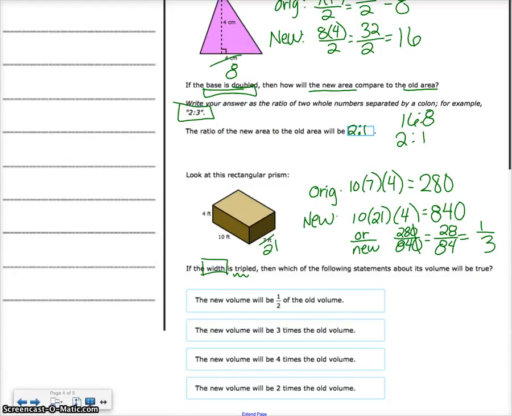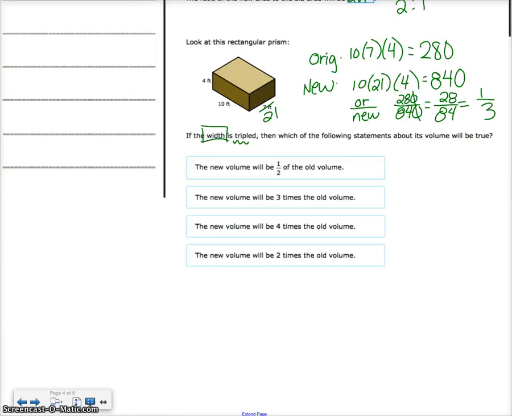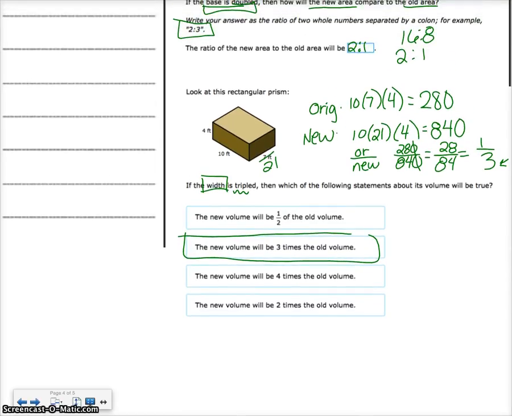So 1 is to 3. The new volume is half the old volume. The new volume is 3 times the old volume. Yep, because the new is 3. There it is. The new volume is 4 times the old. The new volume is 2 times the old. So definitely the new volume was 3 times the old volume.